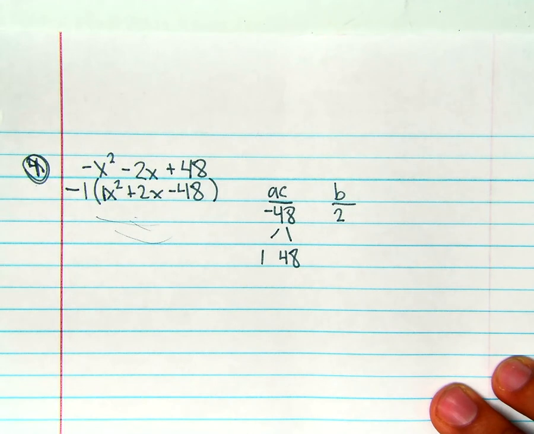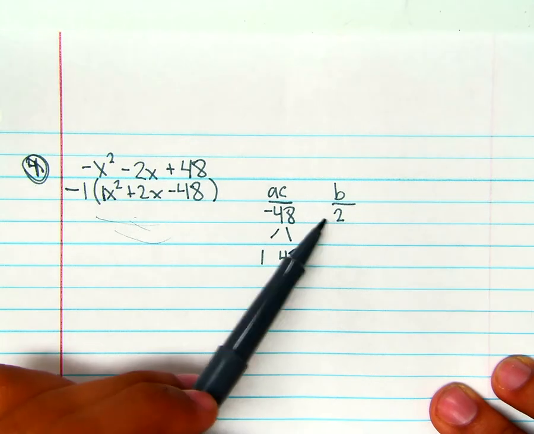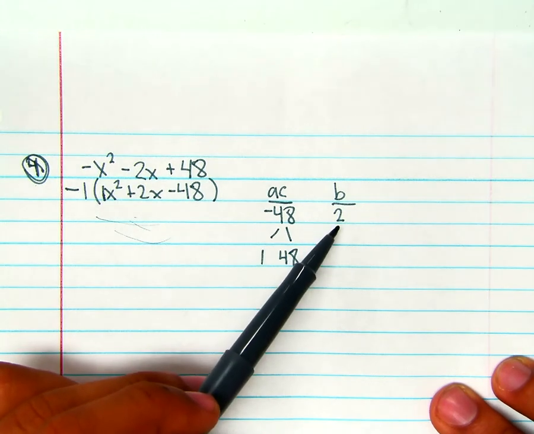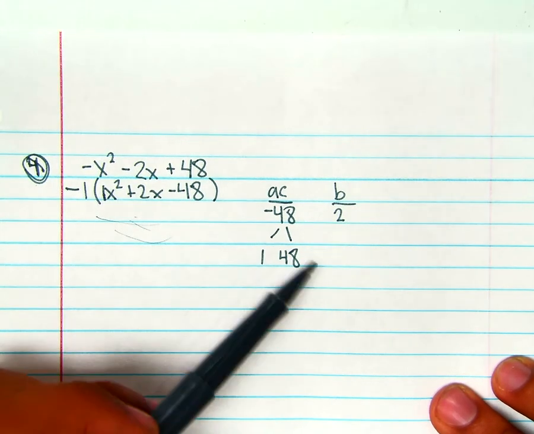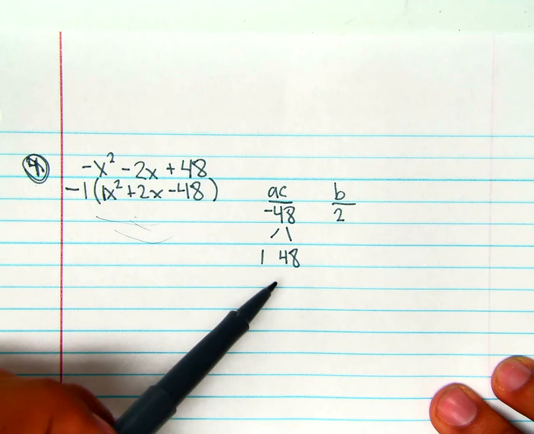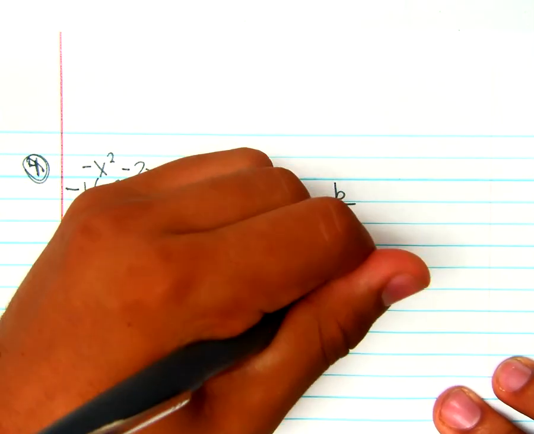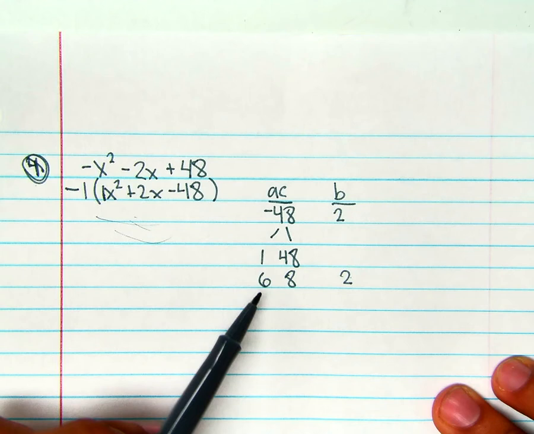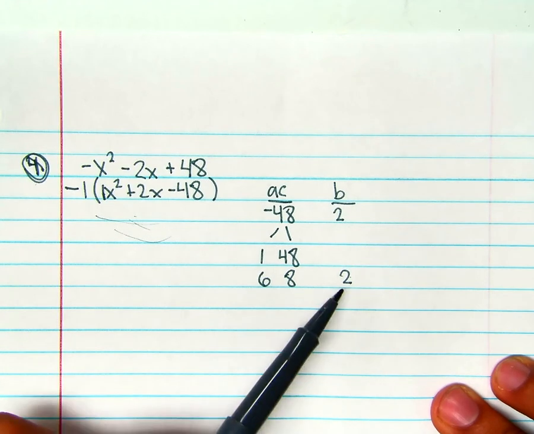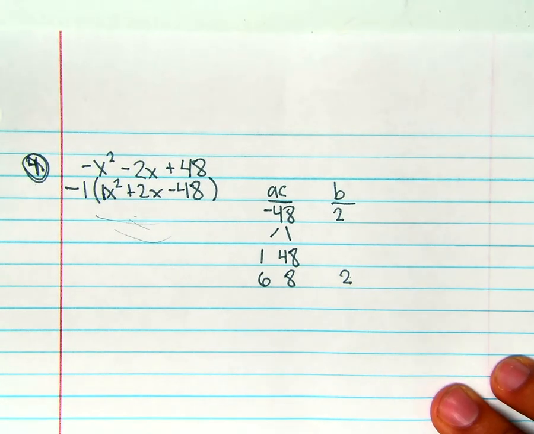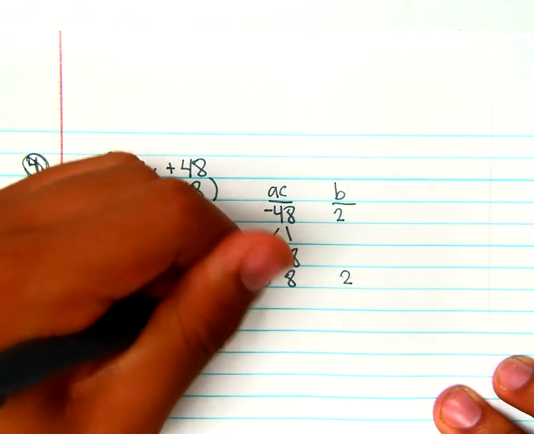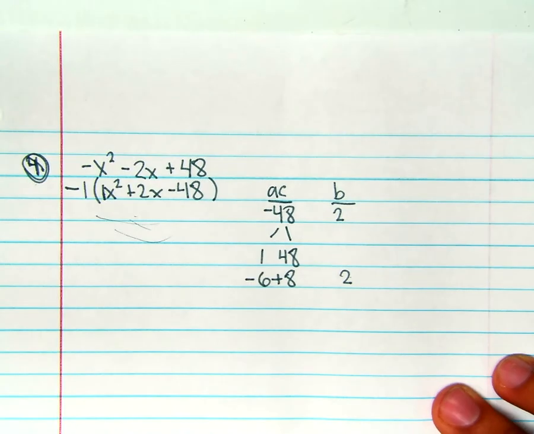Every time we can list out every factor, or if we just know our b is small, we can try to just find the factors that are close to each other. So 6 and 8, very good. Now we just have to see if 6 and 8 will work. Is there any combination of 6 and 8 that will give us 2? Very good. 8 minus 6, so a negative 6 and a positive 8.